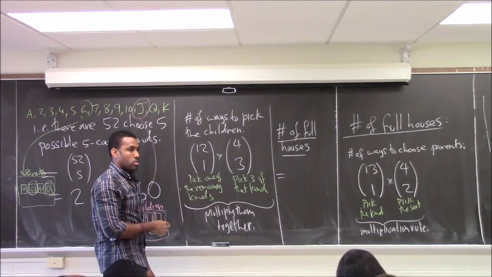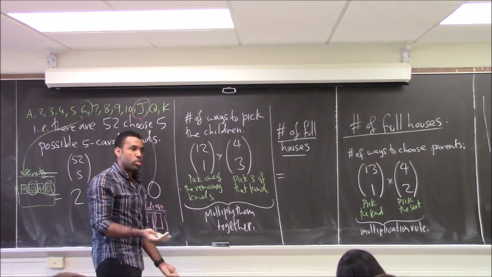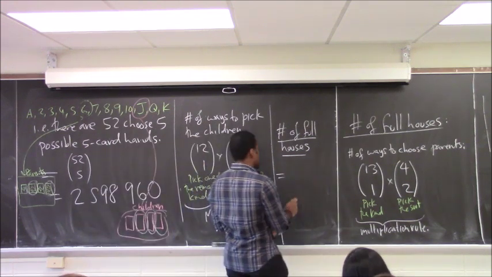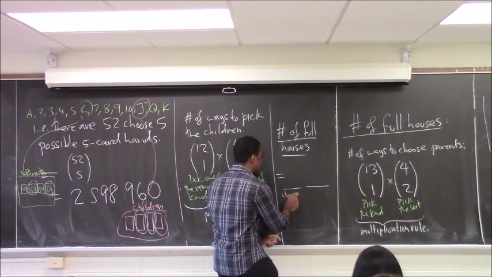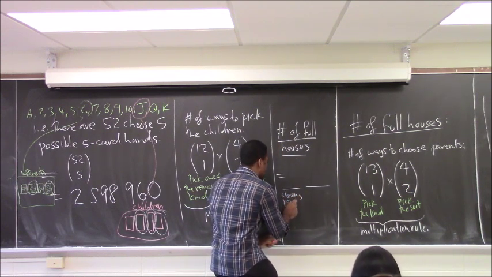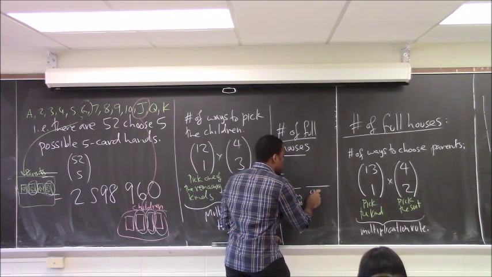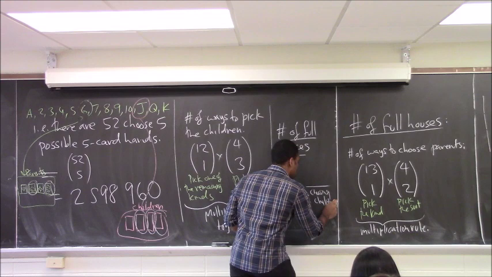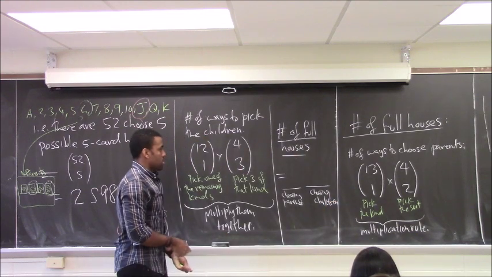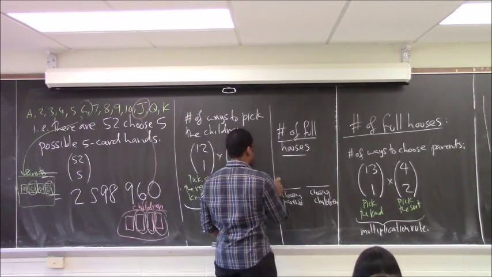You treat it as two stages of picking. Treat it as two stages again. Now you look at the full house as both stages combined, choosing parents and then choosing the children. And you're going to just multiply all these numbers together.